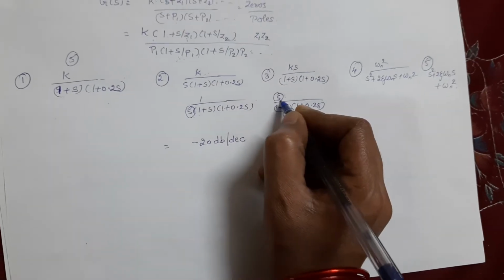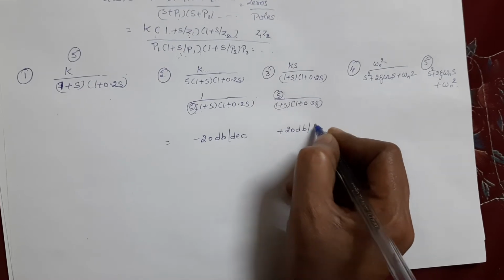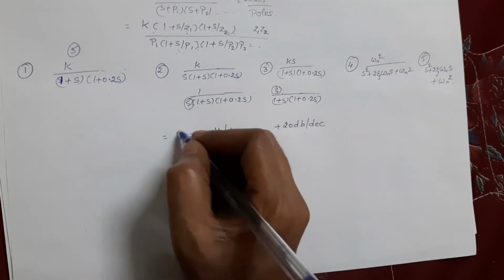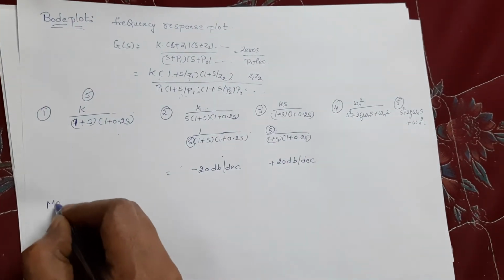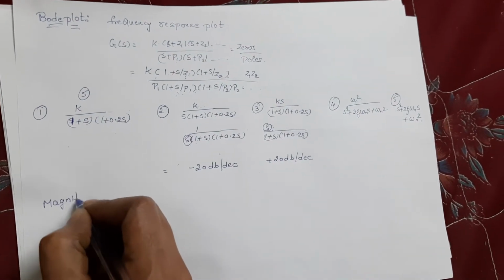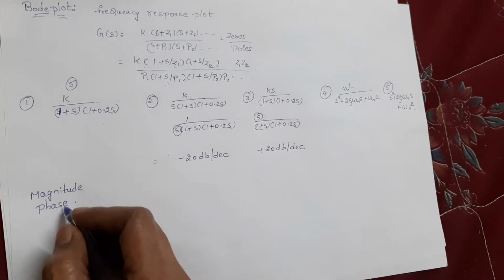If a zero is there, then you should consider it as 20 dB per decade. That is for magnitude. In a Bode plot, we are going to draw both the magnitude plot as well as the phase plot.